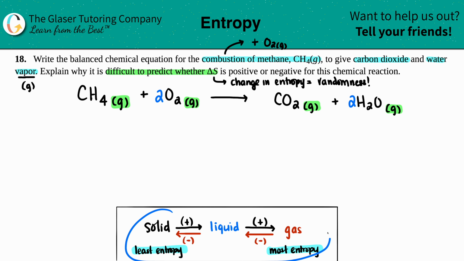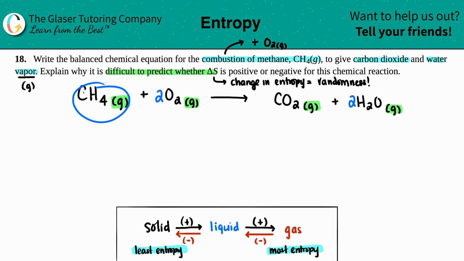So there is no change of states in here. You're starting off with only gases and you're ending with gases. So I can't really use the solid to liquid to gas information that we have here to figure out the change in the entropy. So that means that we just have to tally up the total gases.